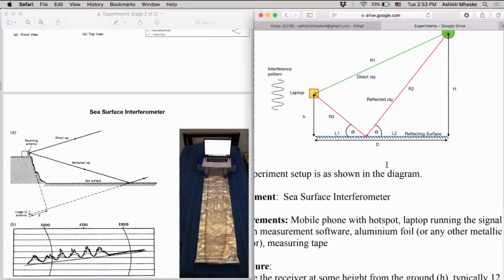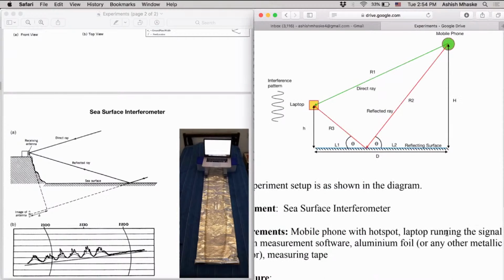So R1 and the R2, R3 combination can be thought of as a single ray coming from the image of the green circle. This might make your calculations easy, except don't forget to account for this extra pi. If you don't, then all that will happen is your minima will become maxima and maxima will become minima in your calculation versus the actual observation.